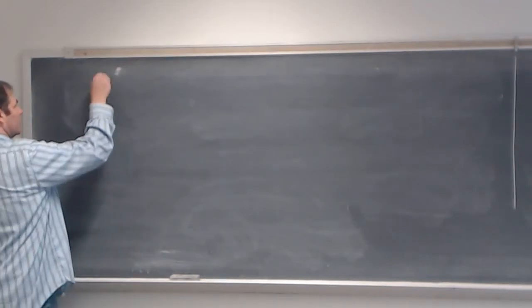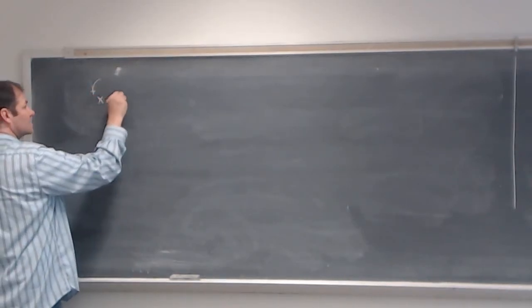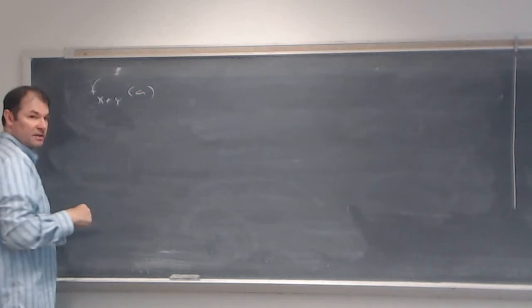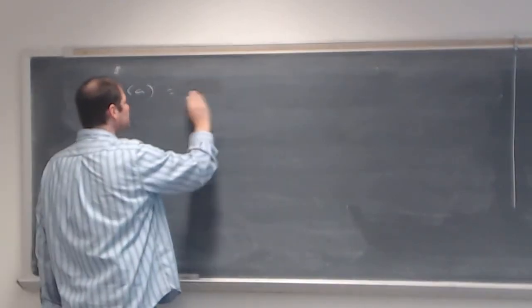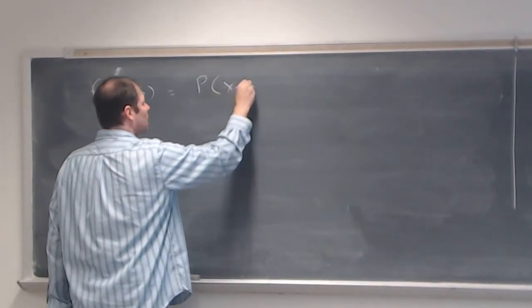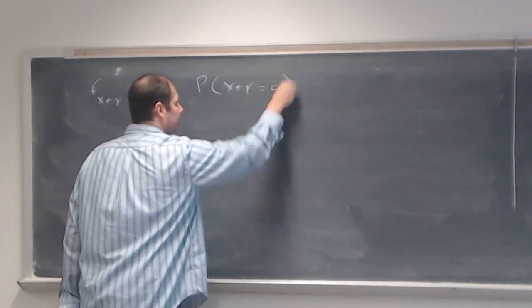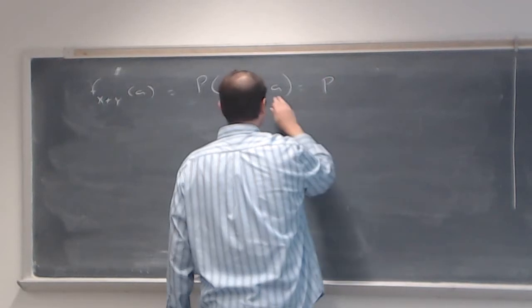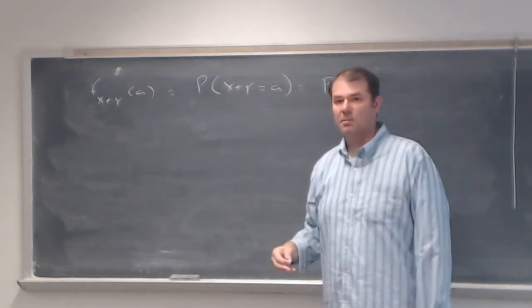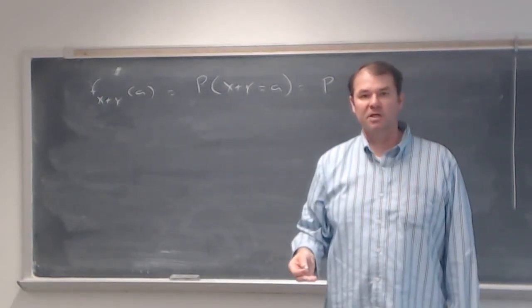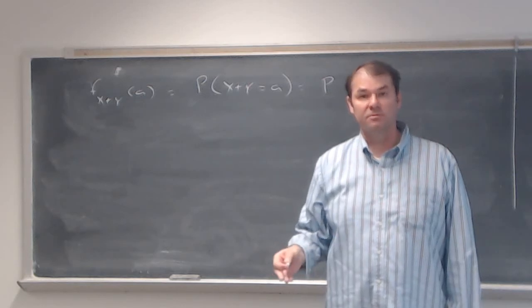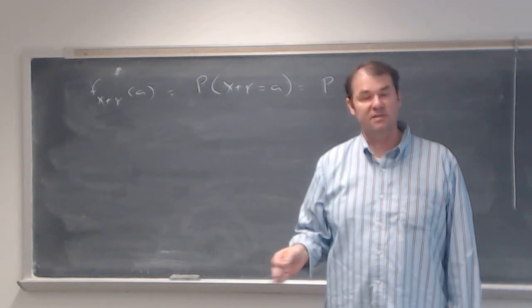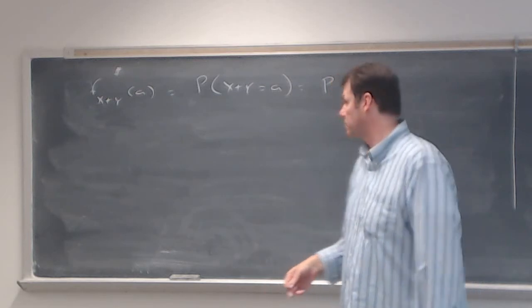Okay, even though this is discrete, we can do it. And so here's the way we think about computing the PMF of x plus y evaluated at a. We say, well, this is the probability that x plus y is equal to a. Now, because x is Poisson, x runs from 0 to infinity, and the same thing for y, they run from 0 to infinity.